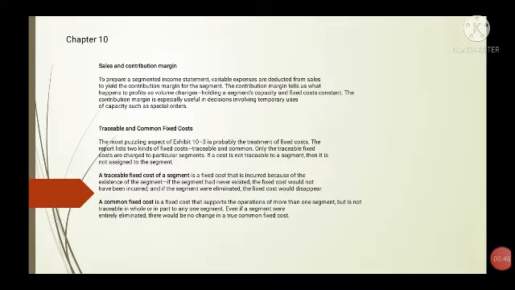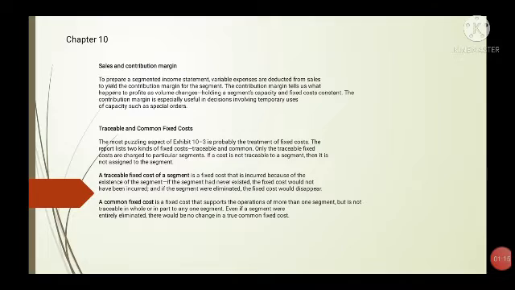Traceable and common fixed cost. The most puzzling aspect of Exhibit 10-3 is probably the treatment of fixed cost. The report lists two kinds of fixed cost, traceable and common. The traceable fixed costs are charged to a particular segment. If a cost is not traceable to a segment, then it is not assigned to the segment.